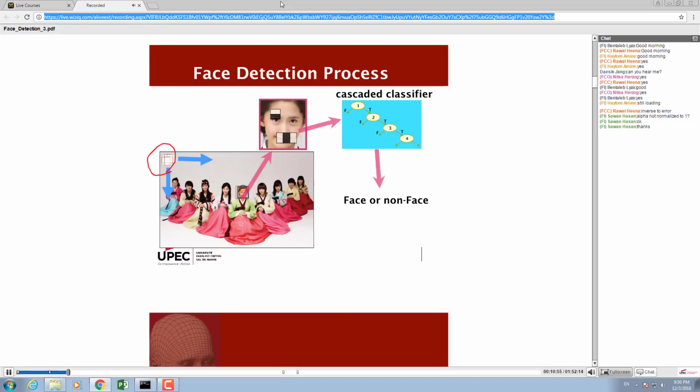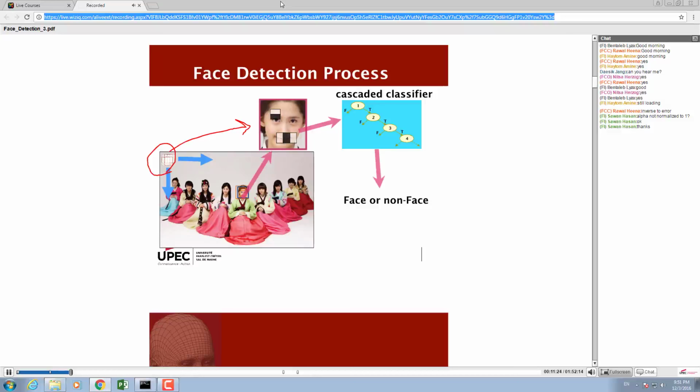From the top left corner of the picture, we apply a small window, meaning a very small cropped region of the picture, and just for the window region, we apply the algorithm.